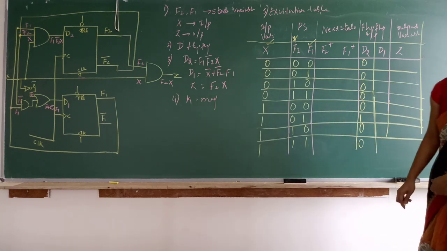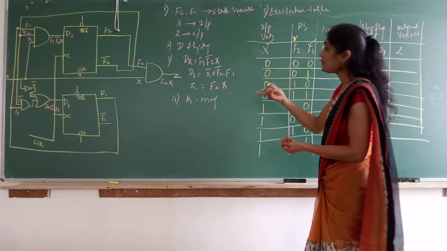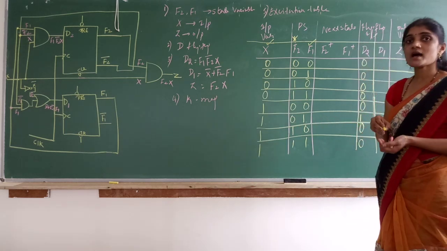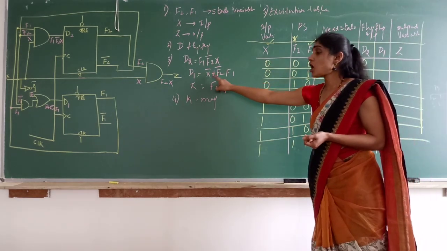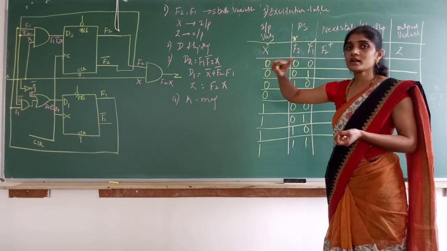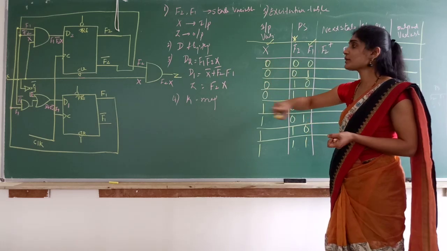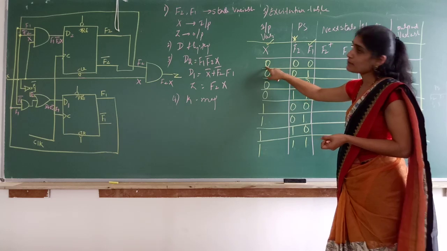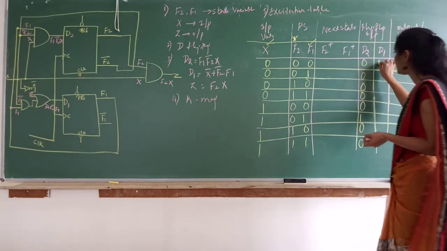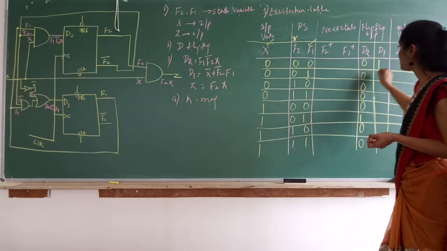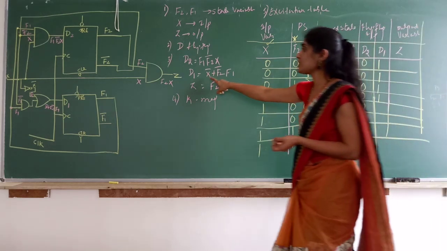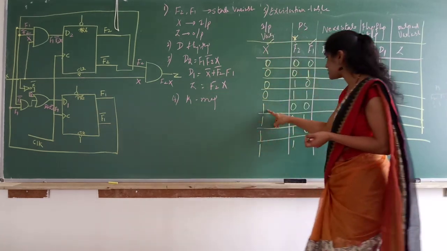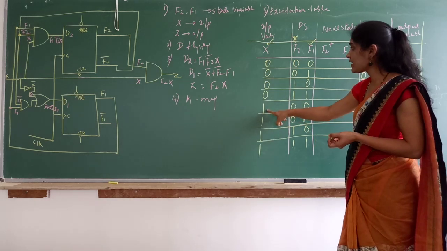What is D1? D1 is X bar plus F2 bar F1. It is an OR gate, so if any one of the inputs is 1, the output will be 1, because it is plus. X bar is 1, so it is 1. Now X bar is 0, so we check 0 plus F2 bar F1.